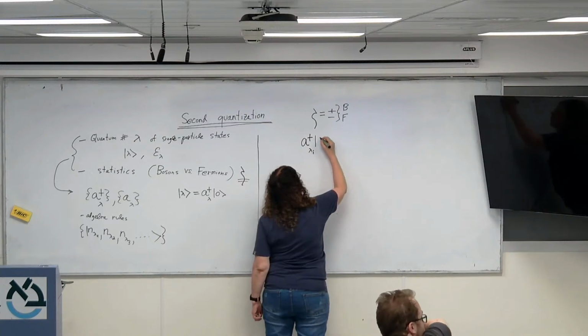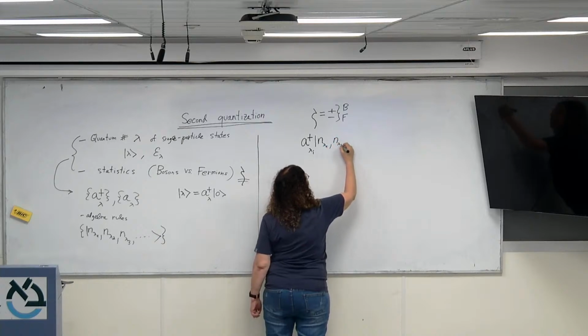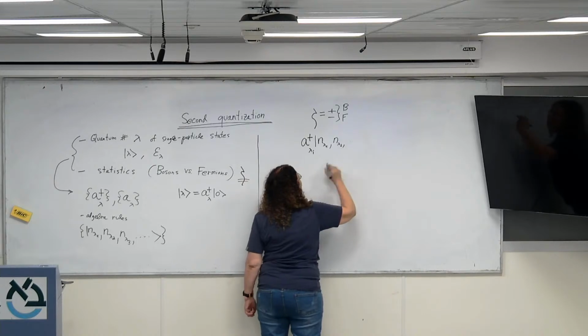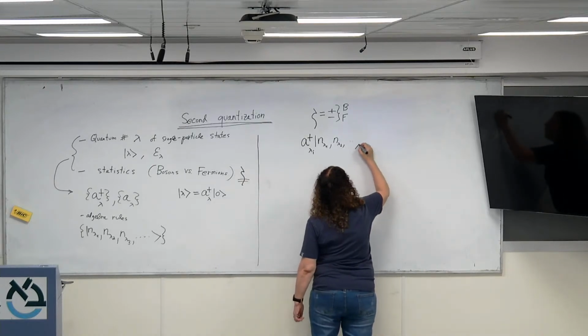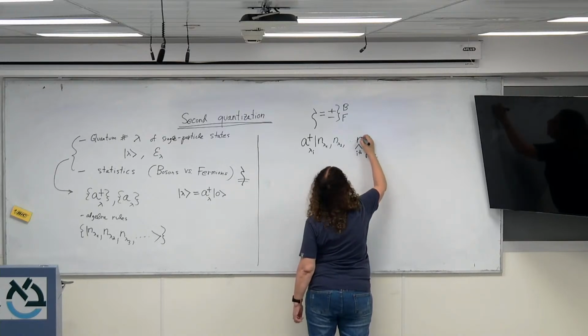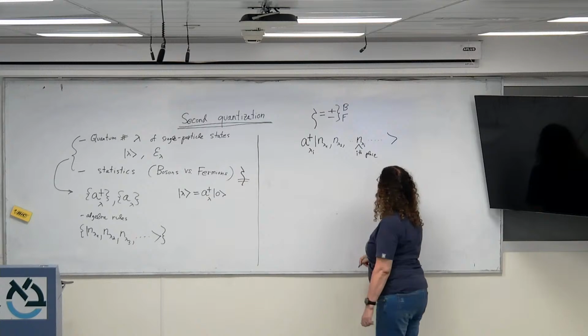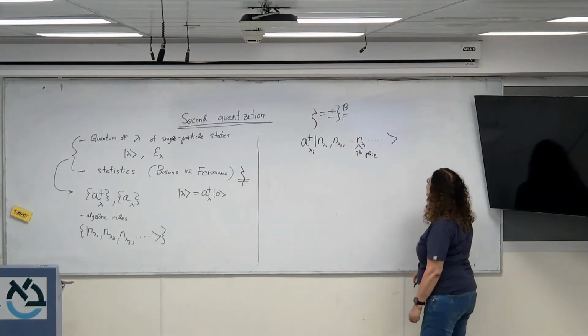So it's when it acts on a state with general occupations, and now at the ith place we have n_λi, and the others are some series of integers.